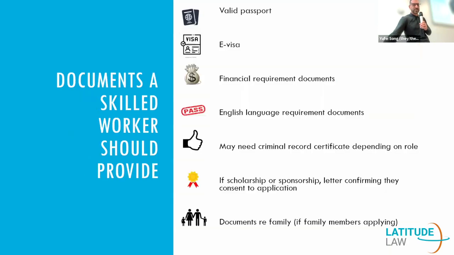In terms of the documents, they're not very document heavy. Like all applications, you need a valid passport. You'll need your e-visa because biometric cards are going to be extinct from 31st of December, as Nancy explained. There's the financial requirement, if applicable, so you'll have to provide your bank statements if you do need to show that 1,270.